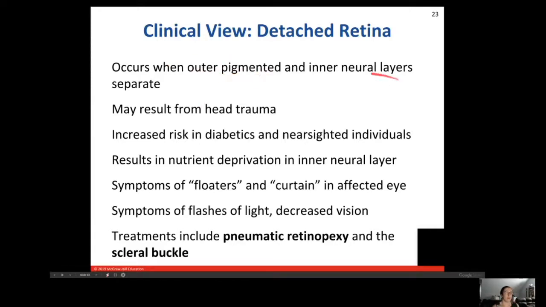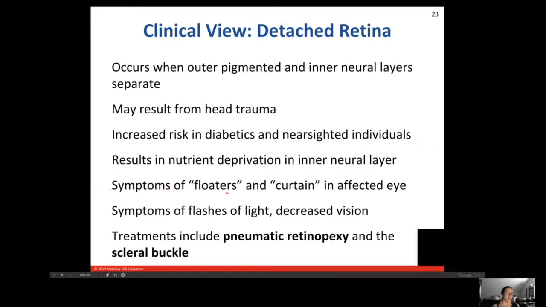The outer pigmented and the inner neural layers are going to separate, so that the neural layer with all the photoreceptors kind of comes away. And these neural layers are now far away from the pigmented layer, and they're far away from the choroid with all the blood, so they become deprived of nutrients, and that's not good because those neurons need nutrients.